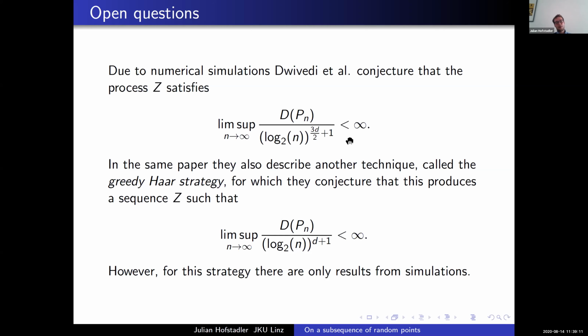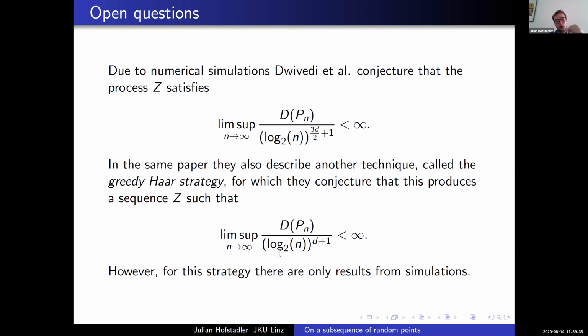And they also present a second thinning strategy, which they call the greedy Haar strategy, for which they conjecture that the sequences which are produced are even better. So in fact, we only have a log n to the d plus 1 here.